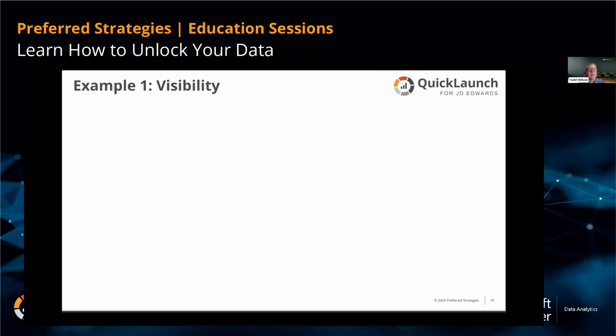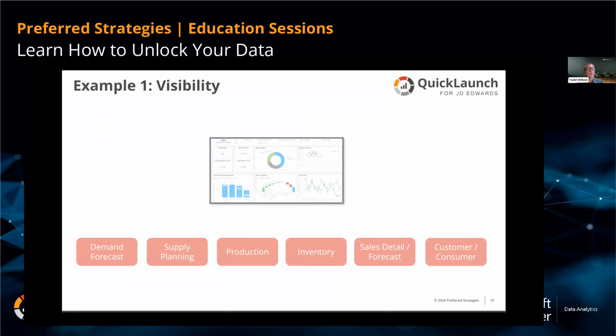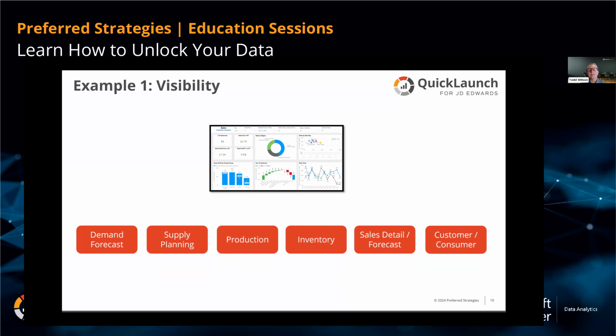So from a high level, I think the first example here is to really think about what that means as a holistic, end-to-end view of my supply chain. That means being able to see and monitor your availability across all data points.